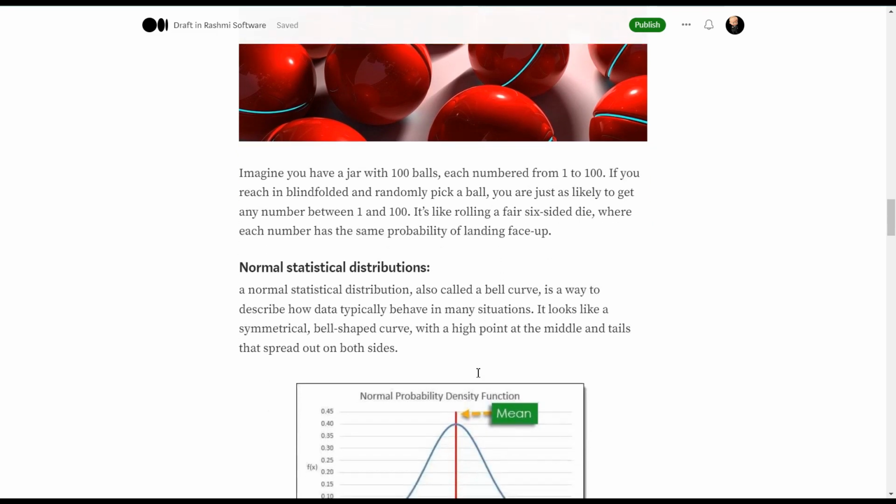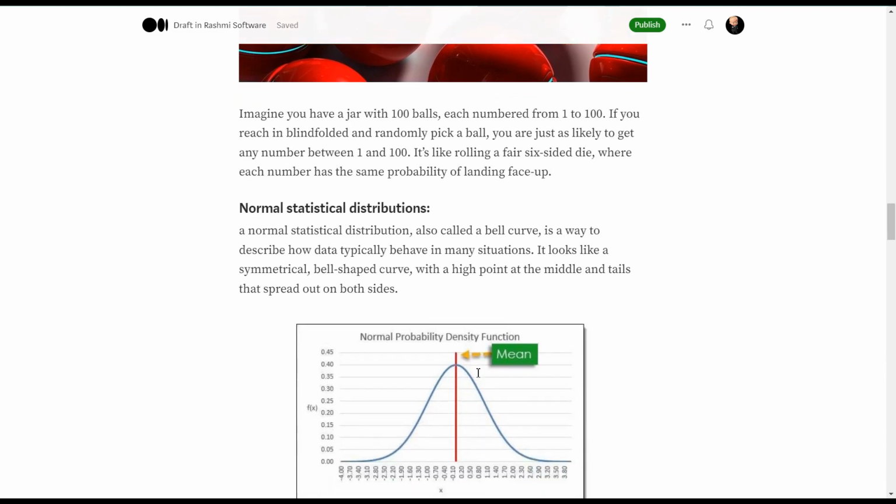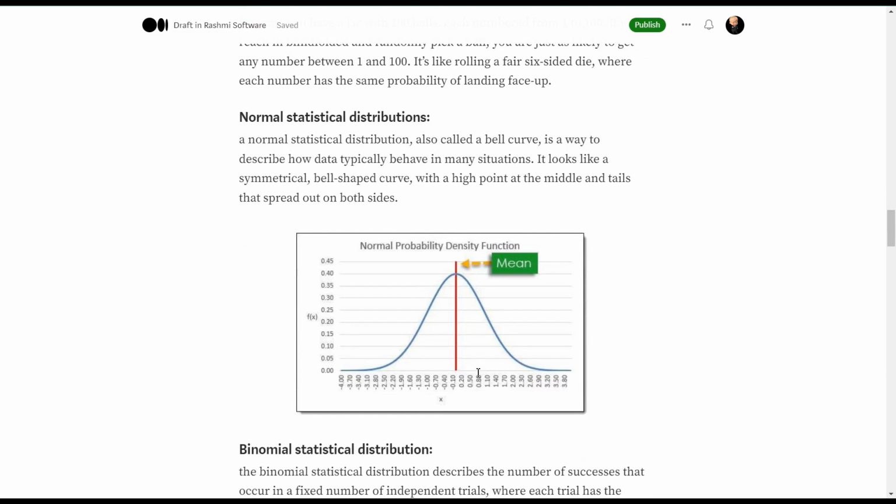What is the normal statistical distribution? A normal statistical distribution is also called a bell curve. In simple words, we can say if we have lots of data, we find the average. For the average data, we will draw a bell-shaped curve.